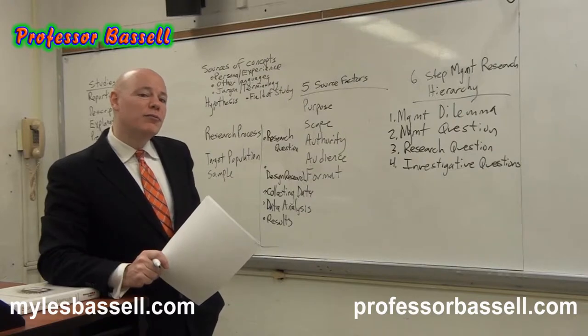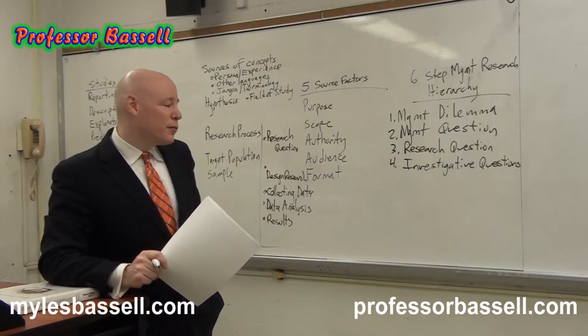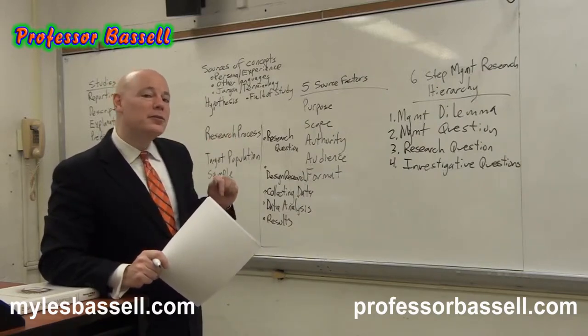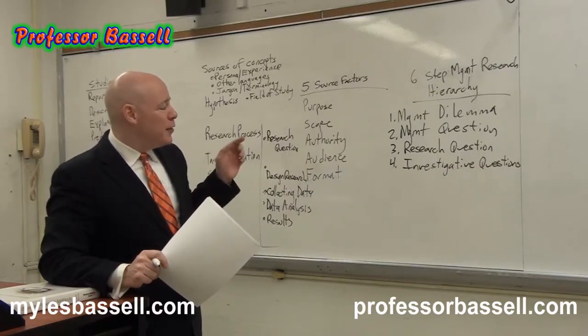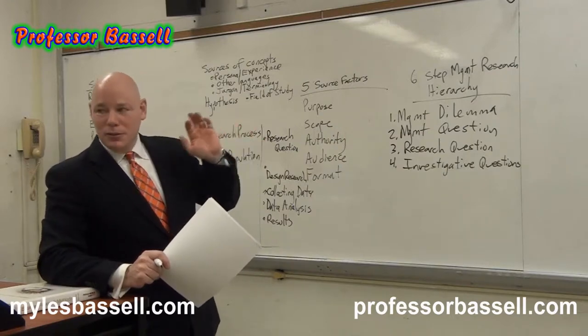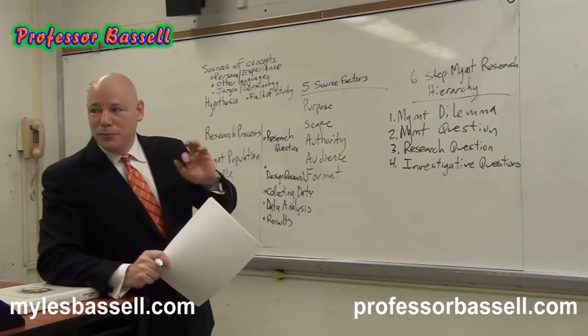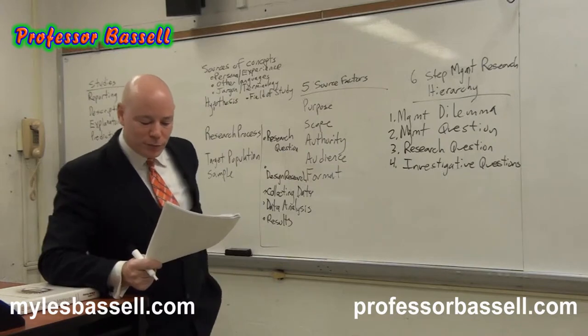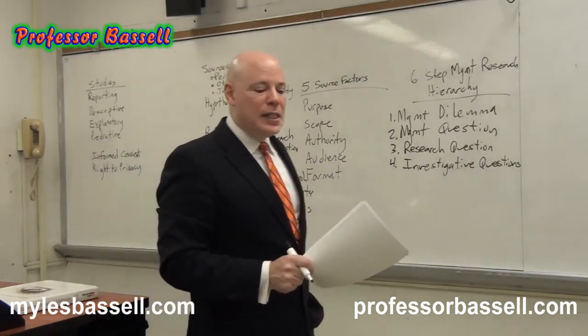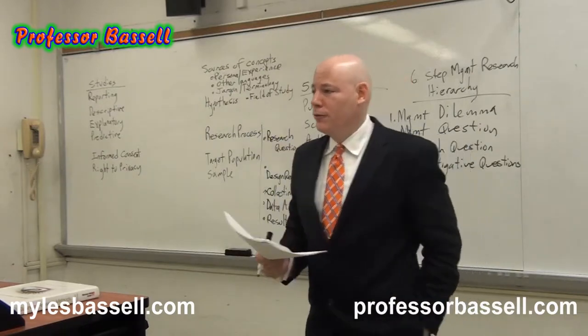It's looking for the answer to the research question. Why do we need the answer? Because we need to solve the problem. Yeah, so the investigative question is the information that the management team needs in order to solve the problem. What do they need to know to select the best alternative?